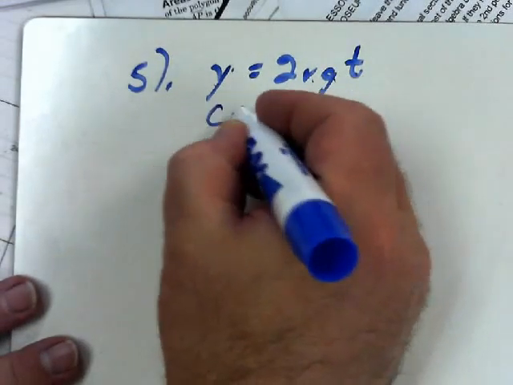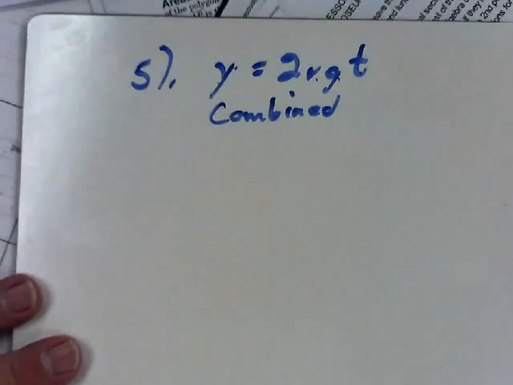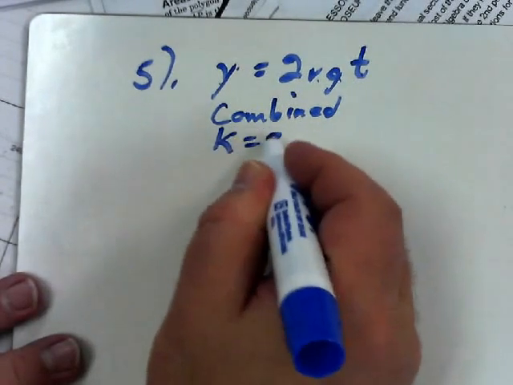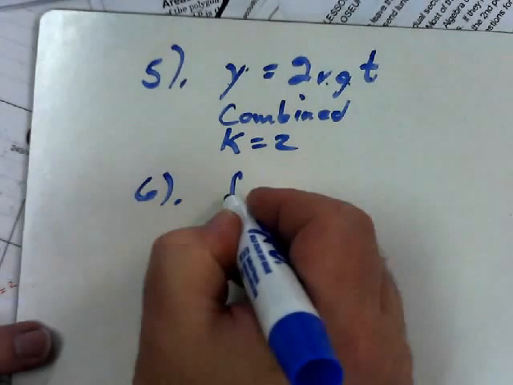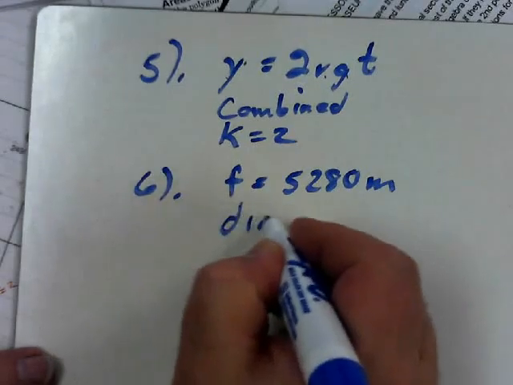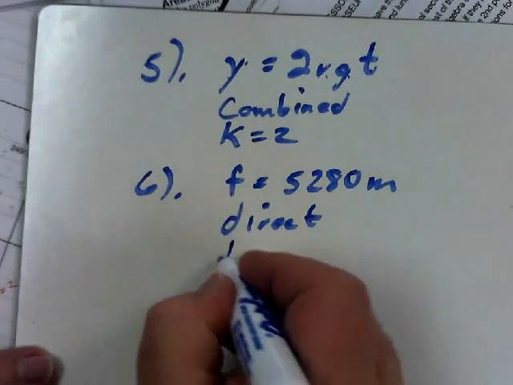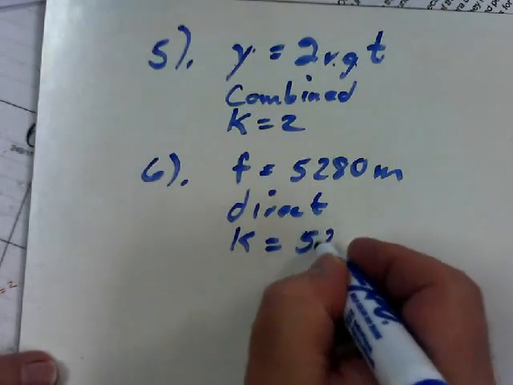Okay, it's going to be combined or joint. What's my K? 2. So problem number 6. F equals 5,280 M's. Direct. It's going to be direct. The K is going to be 5,280.